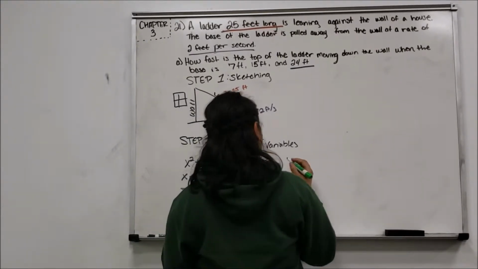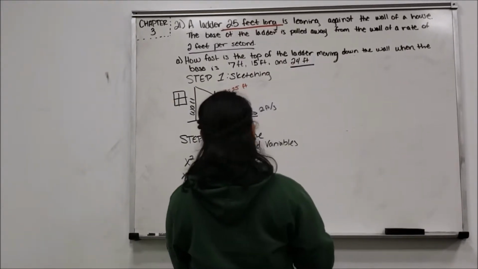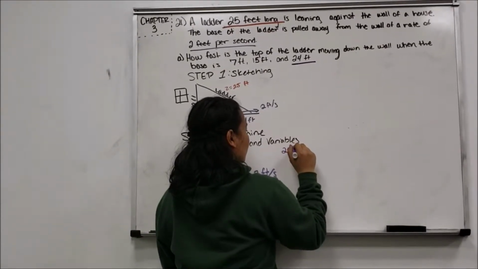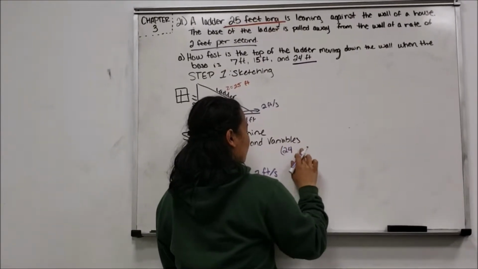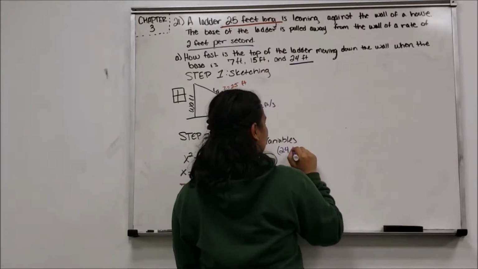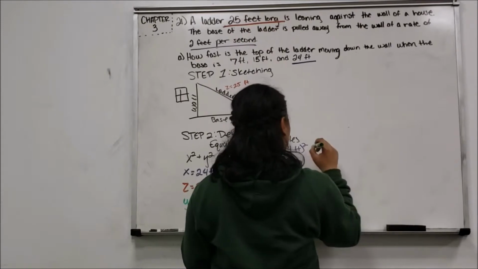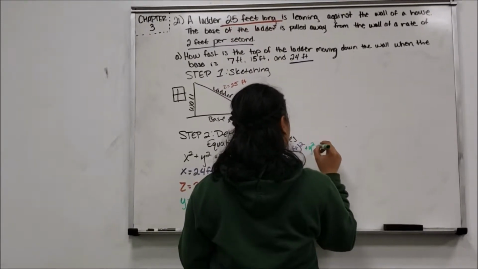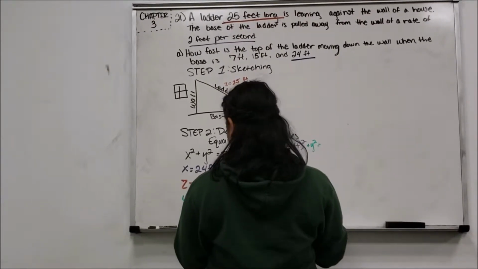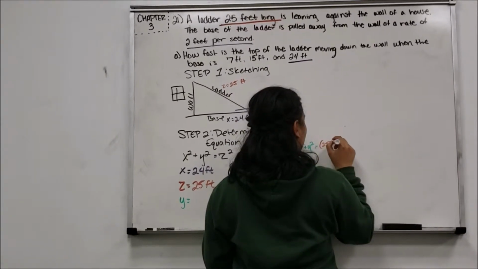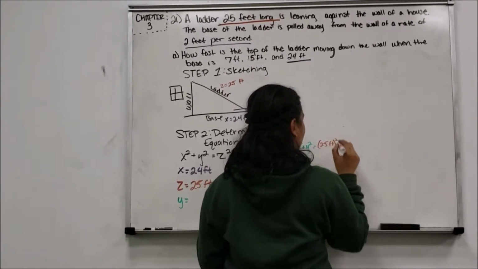So we have our x, which is 24 feet squared, plus our y squared equals our z squared, which is 25 feet. Alrighty.